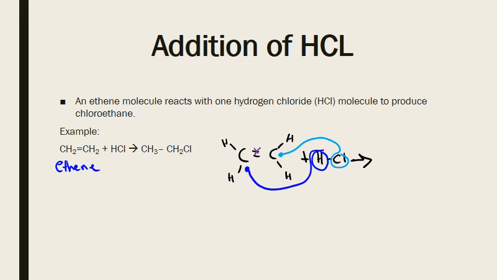So what we will have is CH2, okay, and another H, another C, H, and remember to this carbon we have attached to it a Cl. So we here have ethene, and this is now called chloroethane.